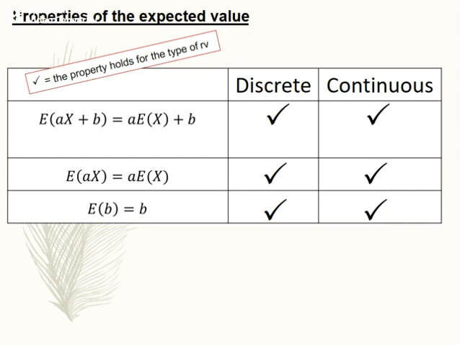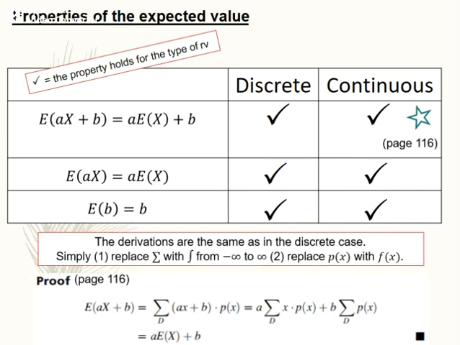The only thing here is you'll just need to prove this, and the proof is exactly the same as the one on page 116 in chapter 3. However, you're simply going to replace the summation symbol with an integral, and the p(x), which is your probability mass function, with your PDF. So this is the proof itself as on page 116.